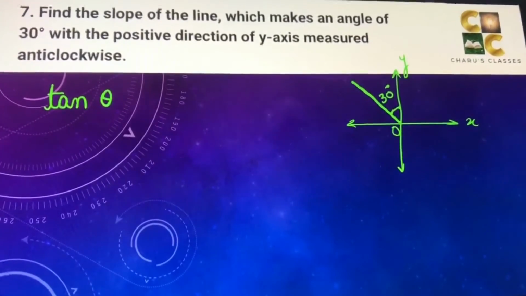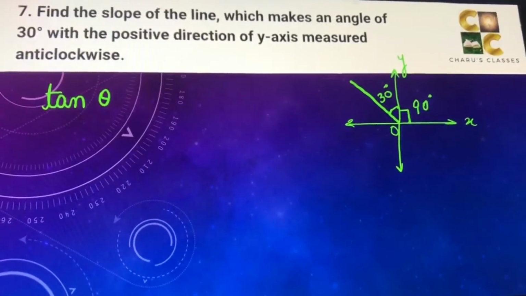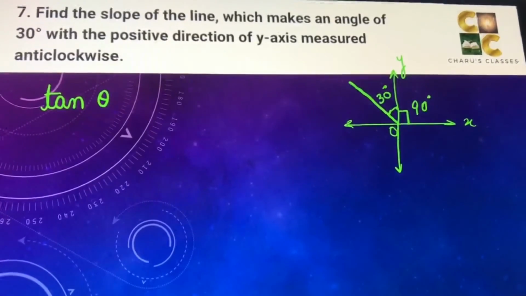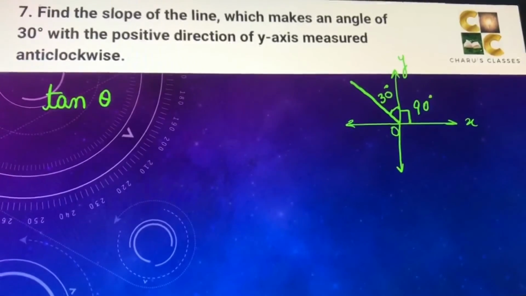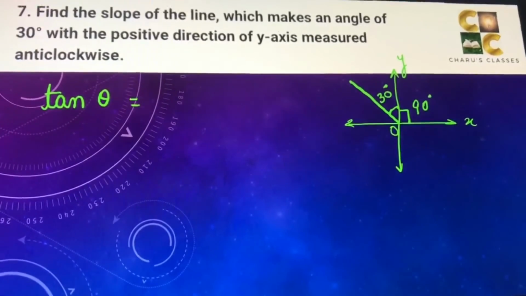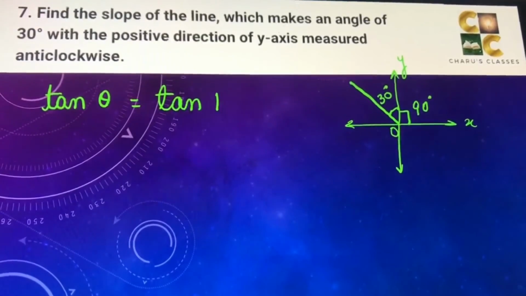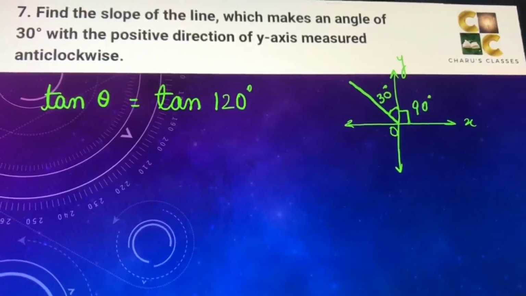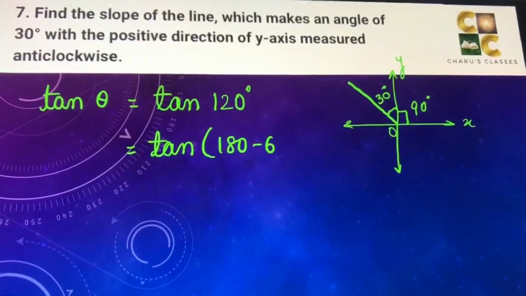So this, the angle between x and y, that is 90 degree, and the line is making 30 degree with the y-axis. So therefore the total angle or theta here is 30 plus 90, which is 120 degree. So here the angle will be 120, and therefore the slope will be tan 120 degree, which can be written as tan of 180 minus 60.